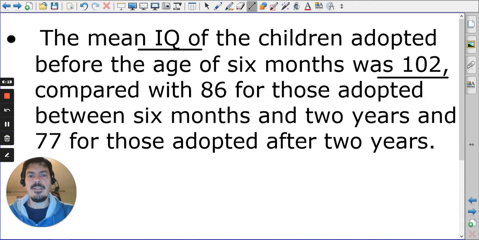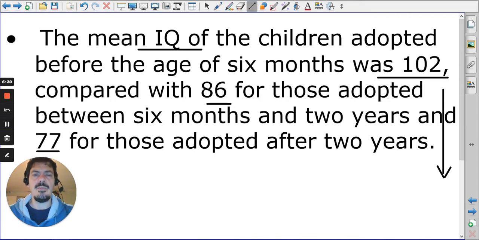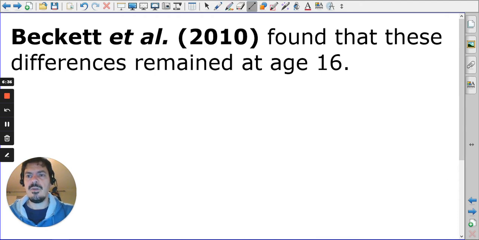But as the age of adoption goes up, we see that the IQ drops quite significantly. Now, I don't know what an IQ of 77 would be, but that is well below average, and therefore very basic functioning would be expected from those babies.